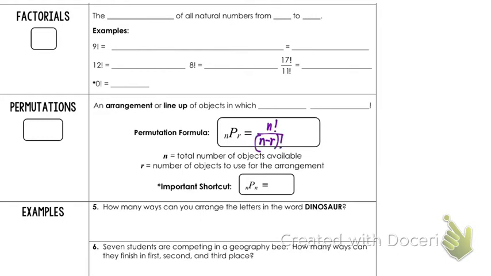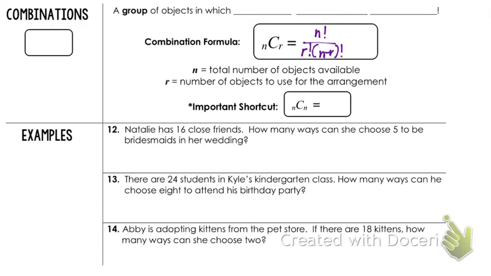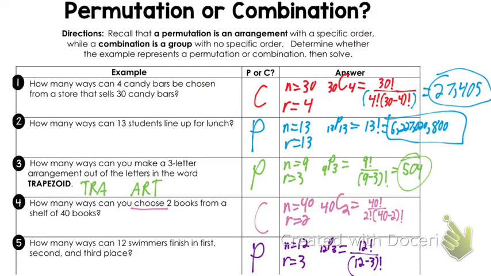So permutation doesn't have the extra r factorial, whereas combination does. That's the difference there. Did that answer your question? Good question. Any other question on that? Do you know what the answer is? 1,320.